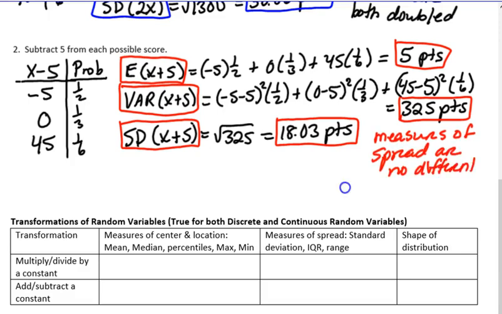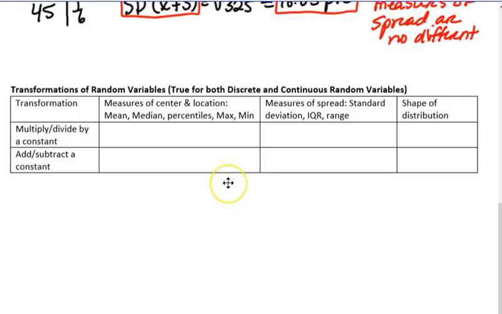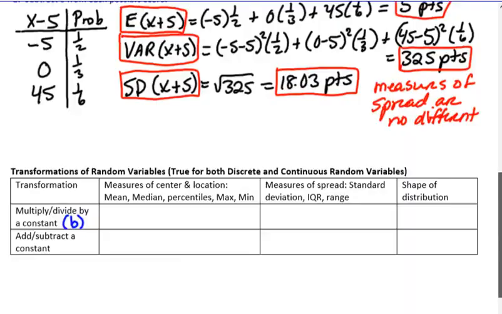So how could we summarize this as far as transformations go? If we multiply or divide by a constant, let's call that constant b because I think that's what the book calls it, if we multiply our random variable by a constant, then all of our measures of center and any other measures of location, for example, the maximum value, the minimum value, the mean, the median, anything is going to be multiplied by 2.